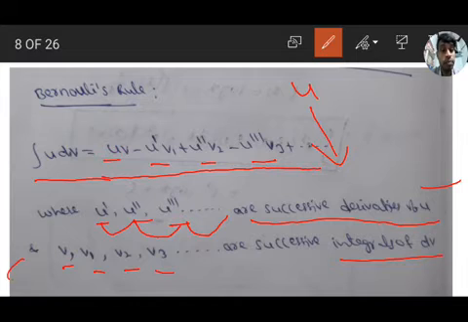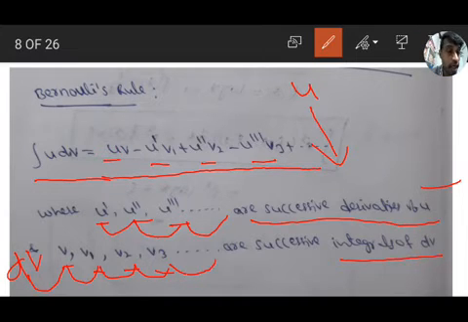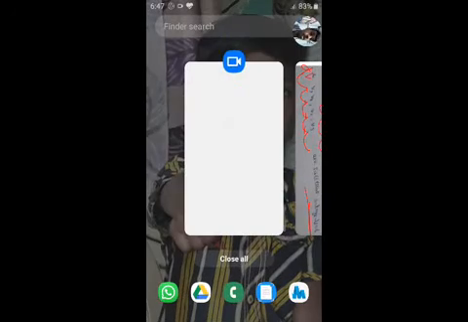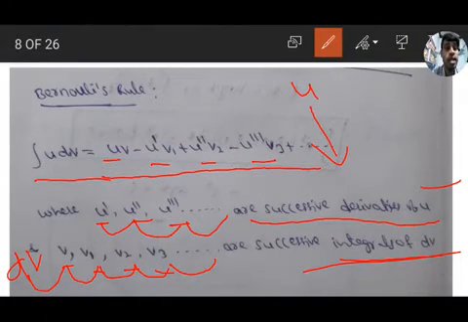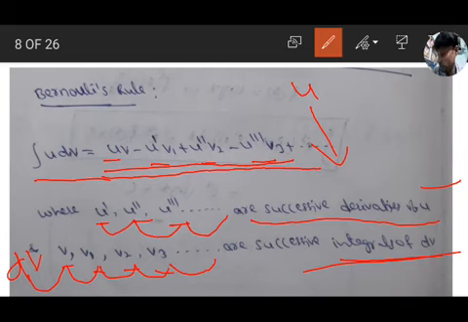For dv, integration gives v, integration of v gives v1, then v2, then v3, then v4, successive integrals of dv. Then the formula, Bernoulli's rule, is integral of u dv equals uv minus u'v1 plus u''v2 minus u'''v3 plus and so on.